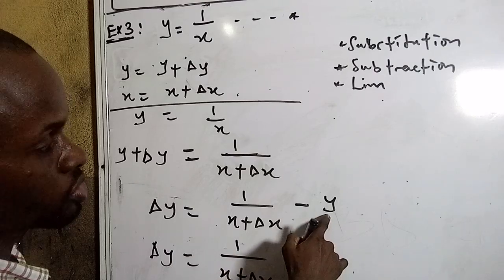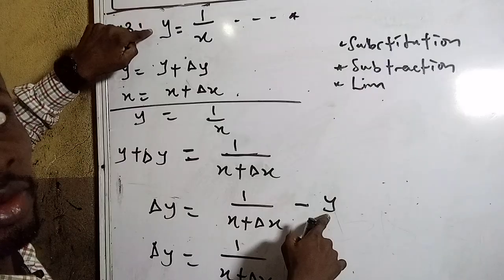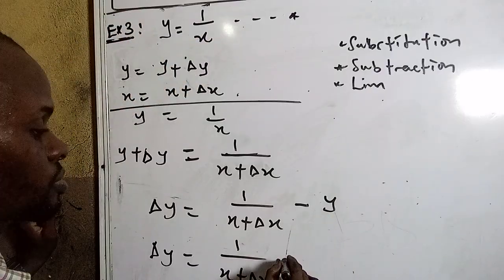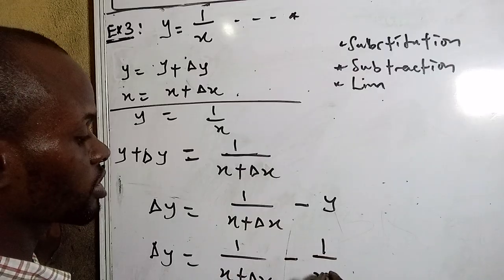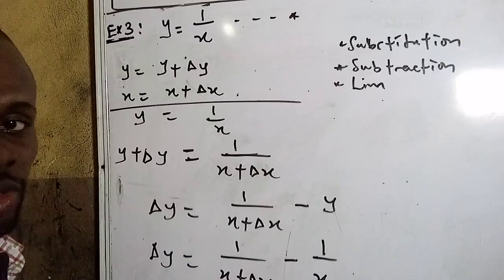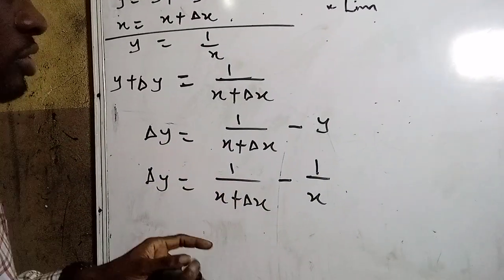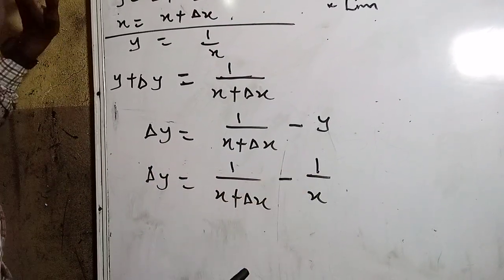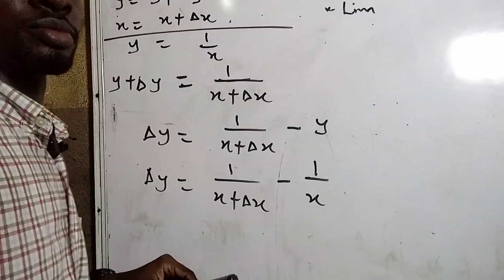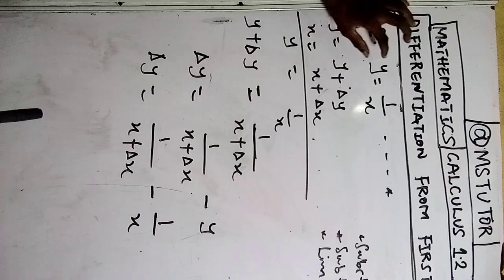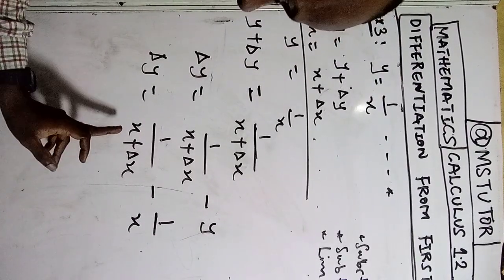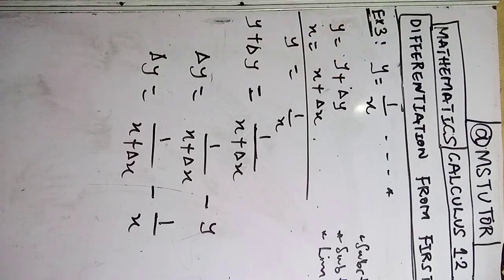Let's substitute this for y, from this expression. So we are substituting this one for this one. That becomes 1 over x. What I've done is that I've substituted y equals 1 over x from the original question. So in this case now, we need to find the LCM of this and this. What will be the LCM?